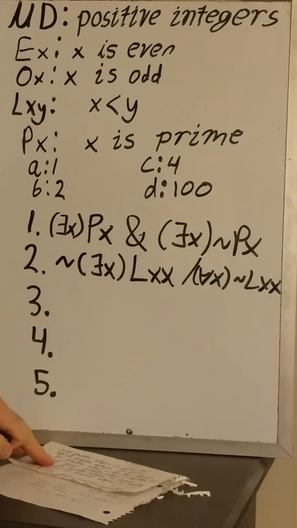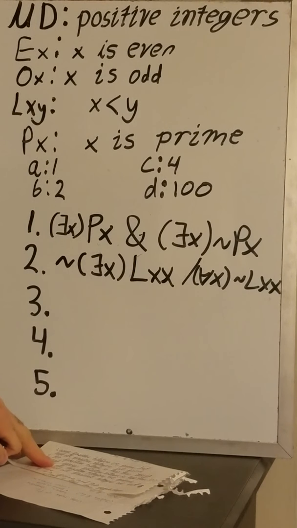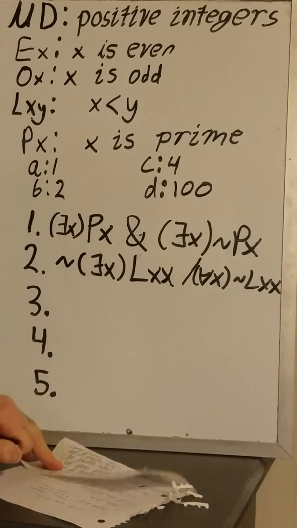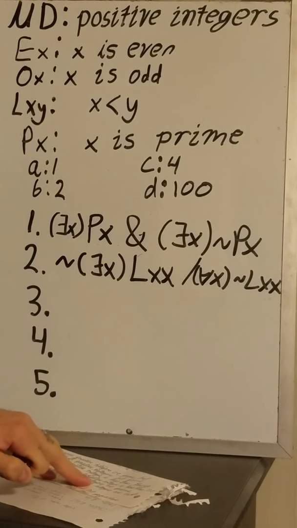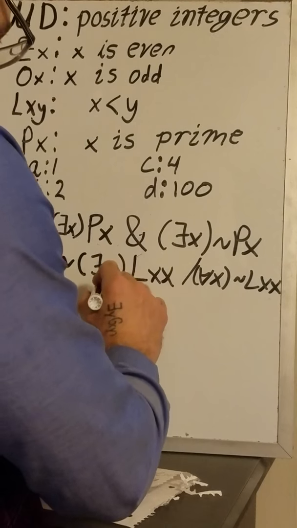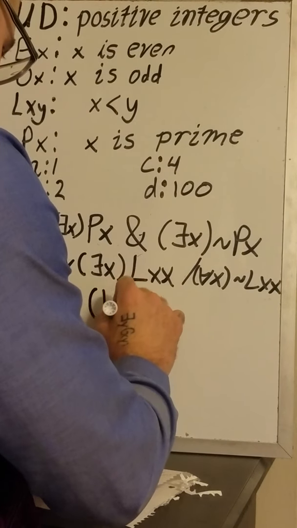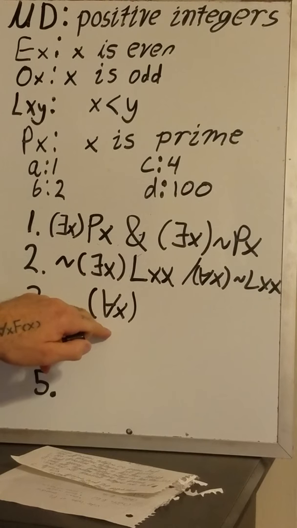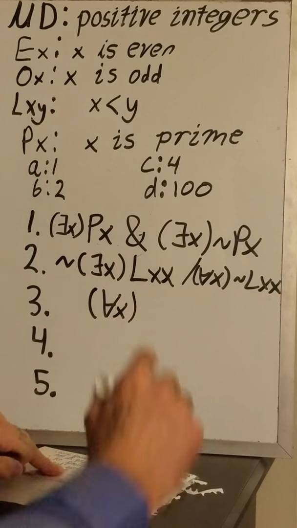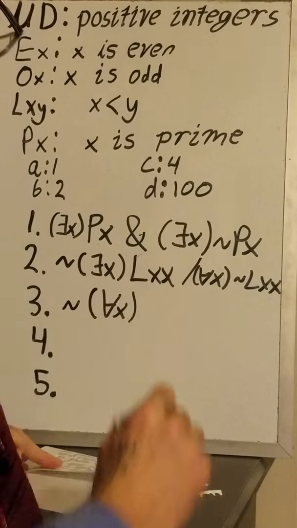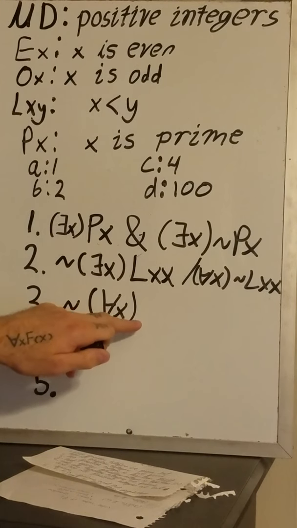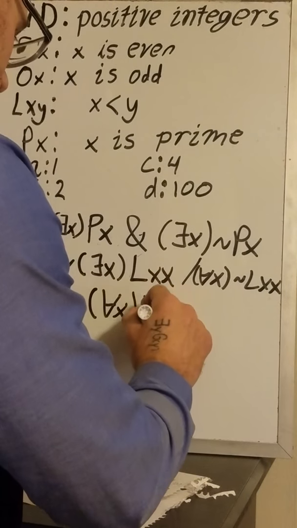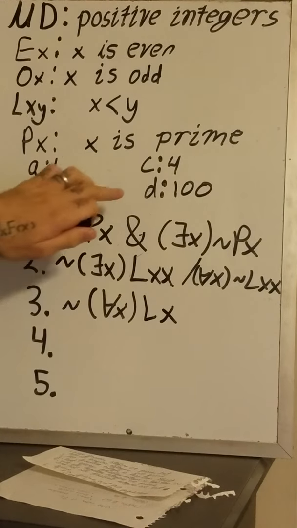All right. So number 3: not every positive integer is less than 100. It's a true statement, right? So not every positive integer is less than 100. So every is a universal quantifier, but we're saying not every. So like this: not every X is less than 100. So LX, and what's our name for 100?